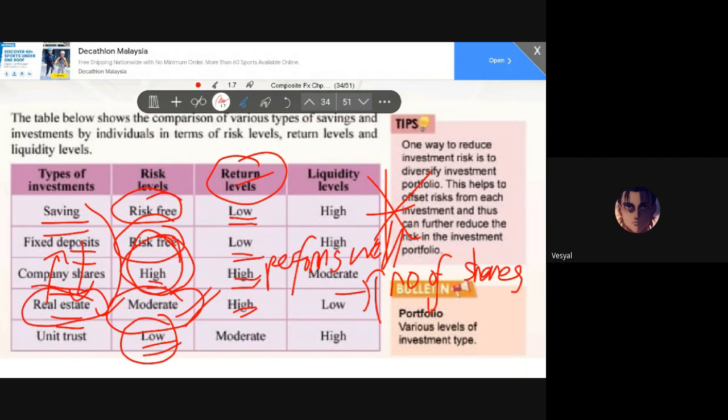If you can explain this one, real estate return level high, can you accept it or not? You can ask questions here also, like why is it high or anything. Can anyone think of a reason why or not?